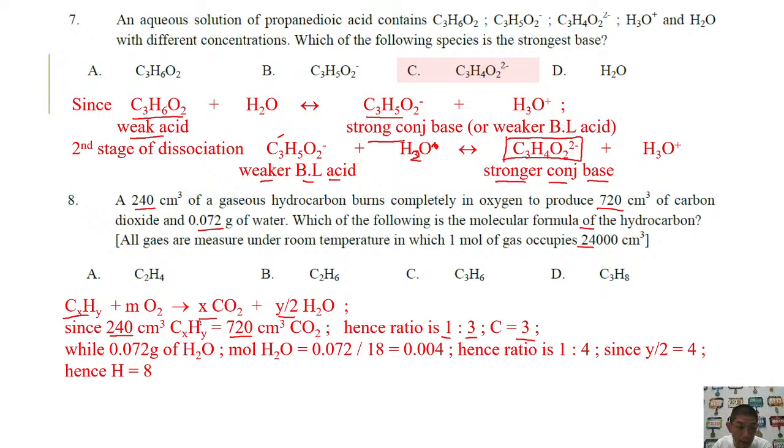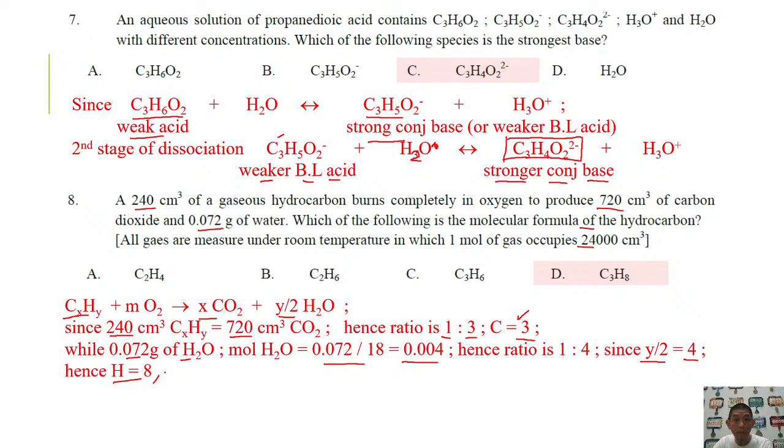For 0.72 gram of water, you calculate the mole: 0.072 divided by 18 gives 0.004. Since this is y over 2, y over 2 equals 4, therefore y equals 8. That means hydrogen has 8. So the hydrocarbon has 3 carbons and 8 hydrogens, and the best answer for this question is D.